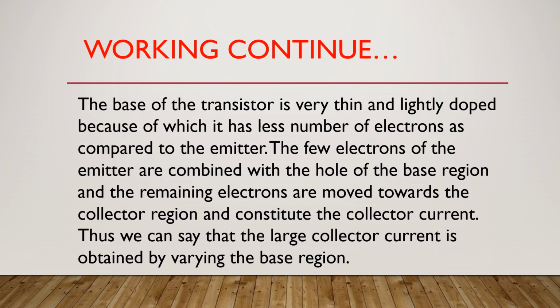Base of the transistor is very thin and lightly doped, because of which it has less number of electrons as compared to the emitter. The few electrons of the emitter are combined with the holes of the base region, and the remaining electrons are moved towards the collector region and constitute the collector current. Thus, we can say that the large collector current is obtained by varying the base current. So from this, we can say that emitter current is a summation of base current and collector current.